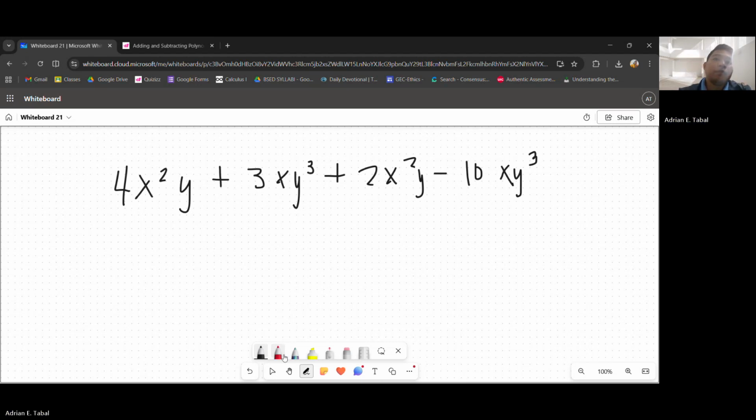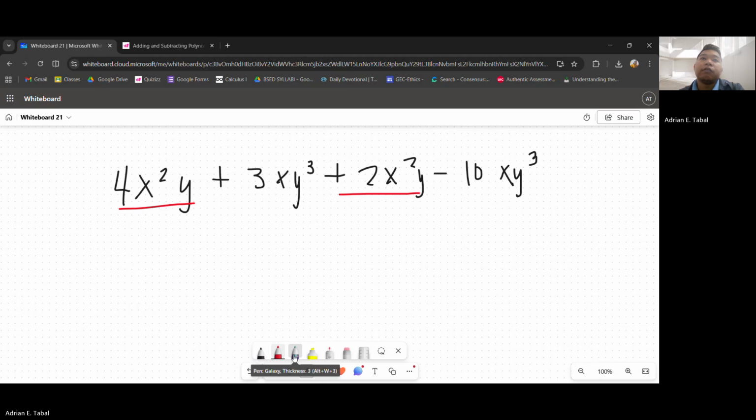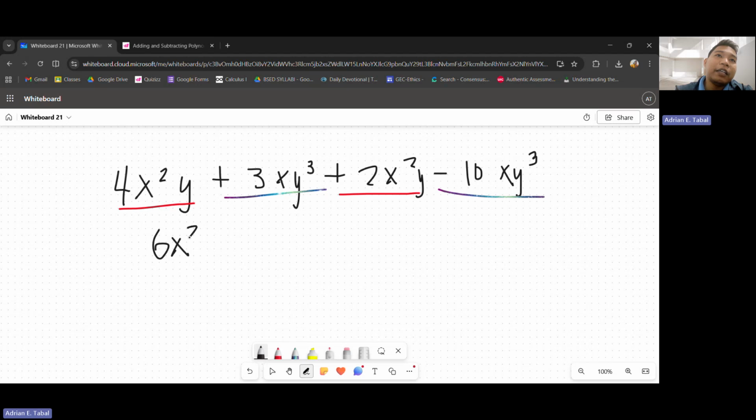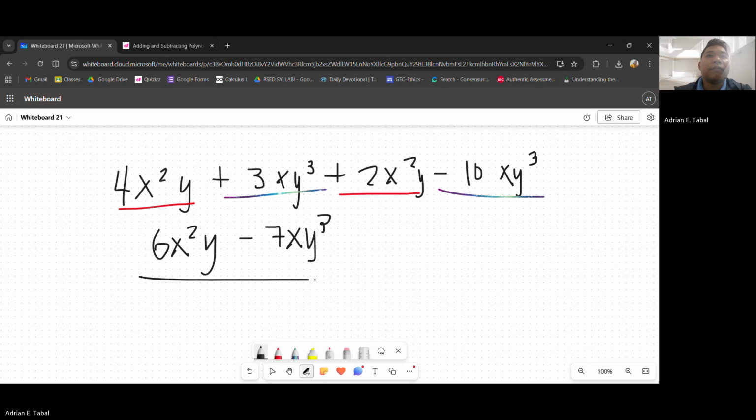The like term of 4x squared y is plus 2x squared y. We also have 3xy cubed, and we also have minus 10xy cubed. So plus 4 plus 2, that is 6x squared y. And we also have plus 3 minus 10, that is negative 7xy cubed. That is how you add and subtract polynomials.